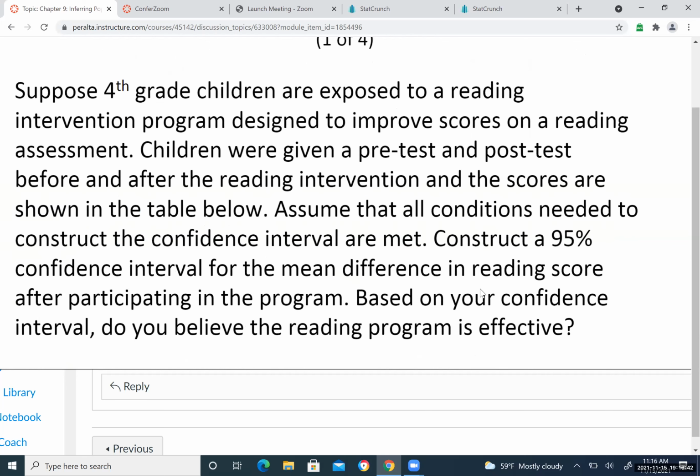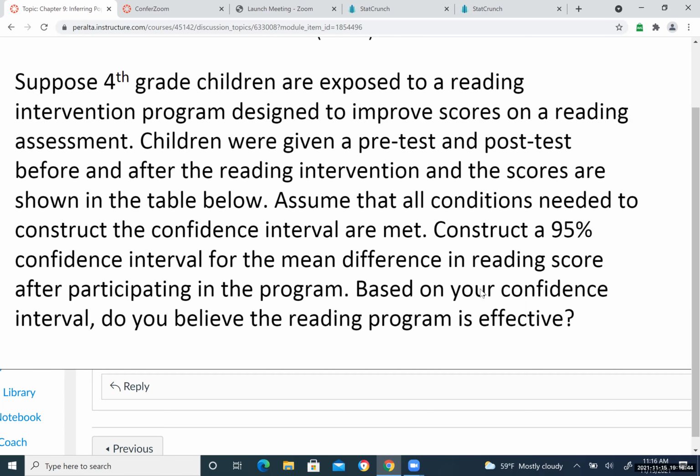Okay. So for this example, what are they talking about? Suppose fourth grade children are exposed to a reading intervention program designed to improve scores on the reading assessment. Children were given a pre-test and post-test before and after the reading intervention, and the scores are shown in the table below.